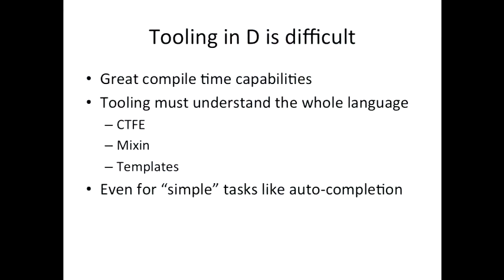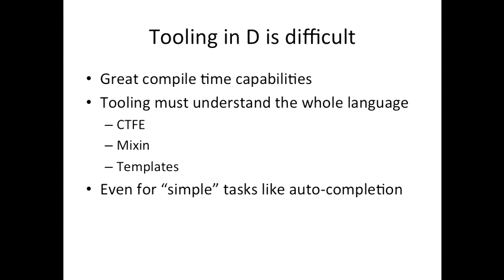So the thing is, building tooling in D is very difficult. Because if you want your tooling to completely work, you got to understand the whole language, even for very simple stuff. Because you have features like CTFE, mixins, and templates. And if you're going to mix in some code into your D, then you have to run some CTFE.